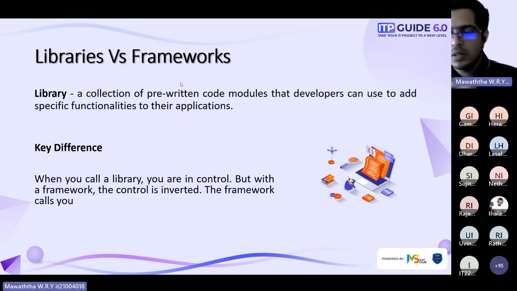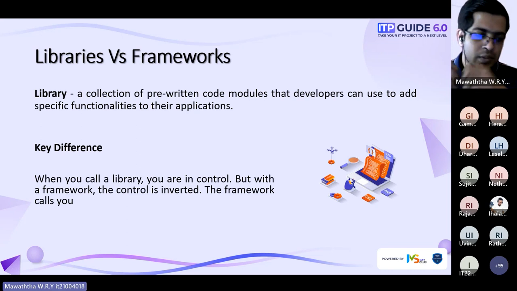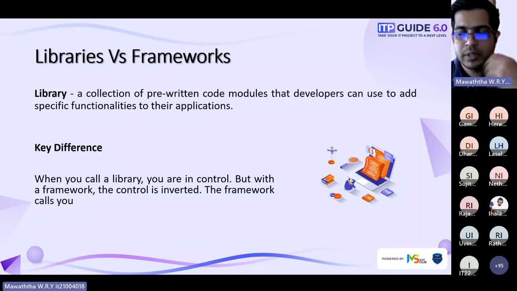Right. Talking about the difference between libraries and frameworks. Both libraries and frameworks are pre-written modular code that has been written by someone else and is reusable. Their main purpose is to help solve problems in an easier way. Assume, as a library, that you are going into a furniture store.